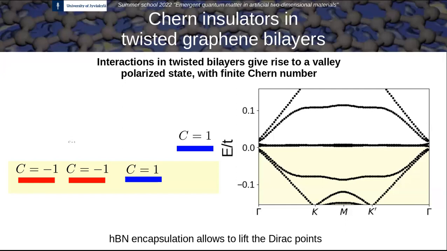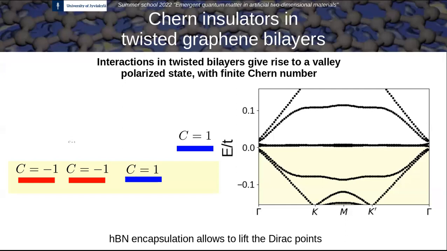So the role of the hBN is to break the AB symmetry. Of course, I drew the Landau levels like this as disconnected bands, but what actually happens is that in the absence of hBN, there's a degeneracy between all these states that is protected by inversion symmetry. So if you don't break inversion symmetry, then you are not capable of making this splitting.